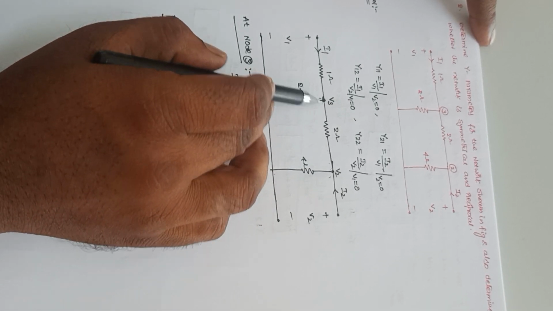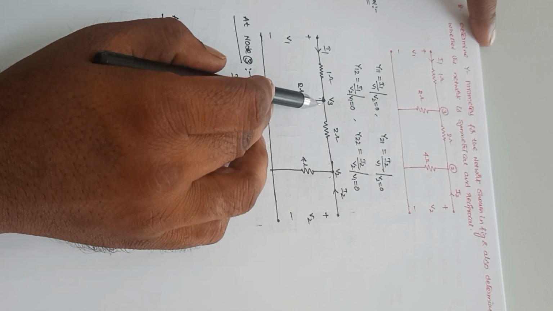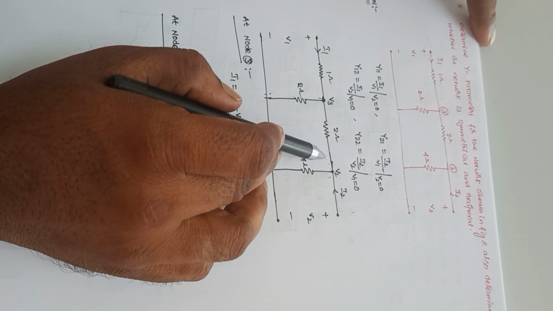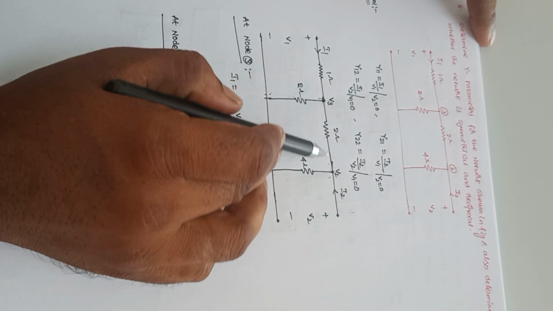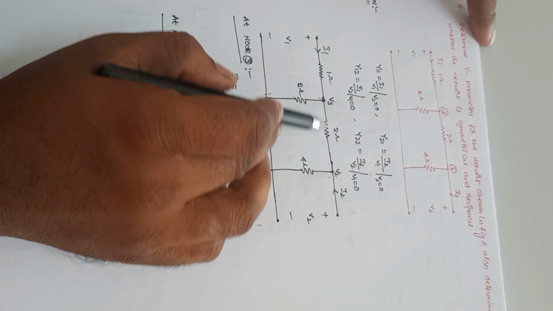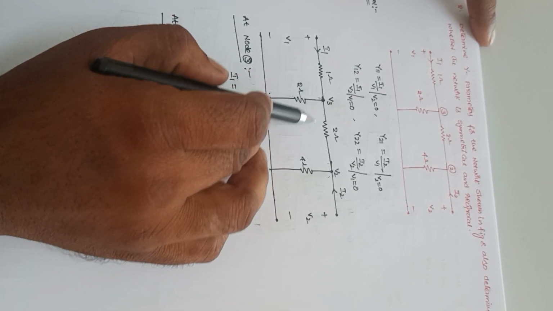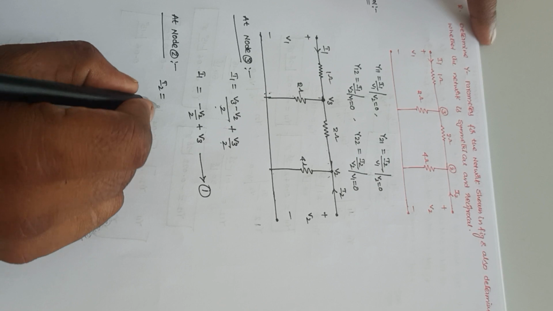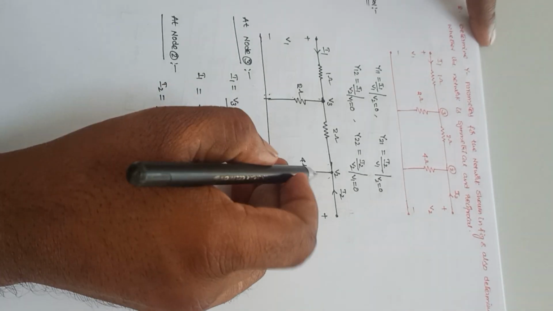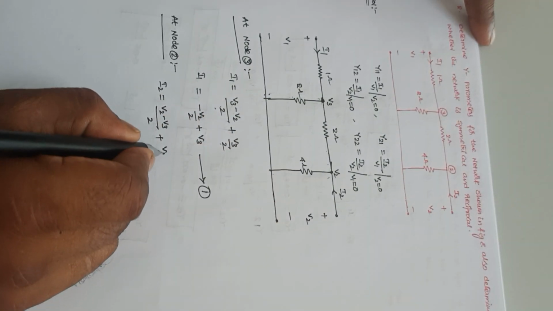To find this current, I need the voltage across this element, which is V2 minus V3, because this voltage is more than that voltage. So V2 minus V3 divided by 2 is the current flowing through this 2 ohm resistor. Now this other current is V2 by 4.